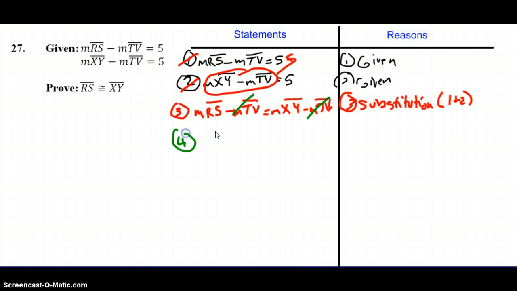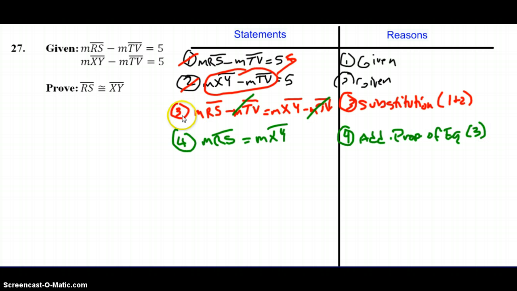That would leave me, on the left-hand side, with the measure of segment RS equaling the measure of segment XY. I've added TV to both sides, and so that's the addition property of equality. I used step 3, and again, I'm going to cross that off.